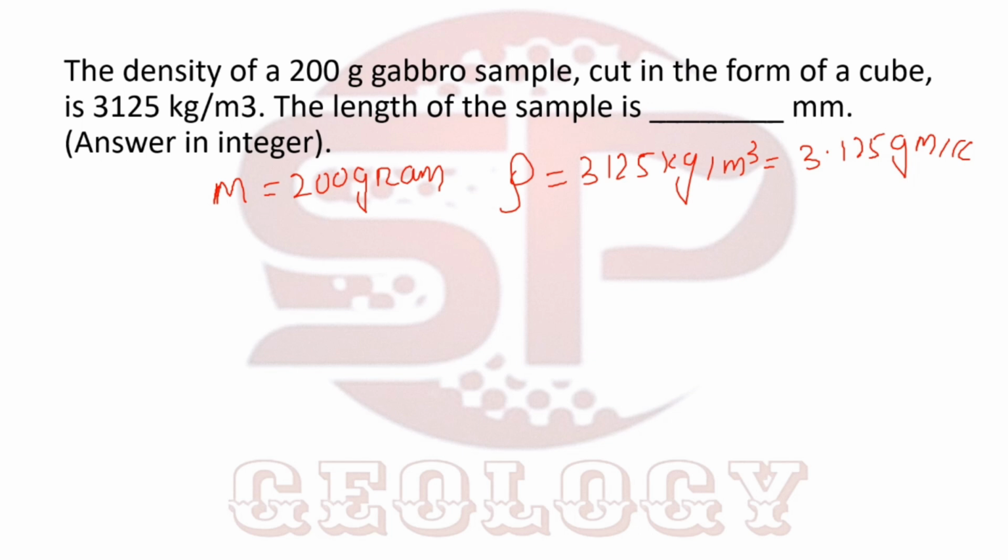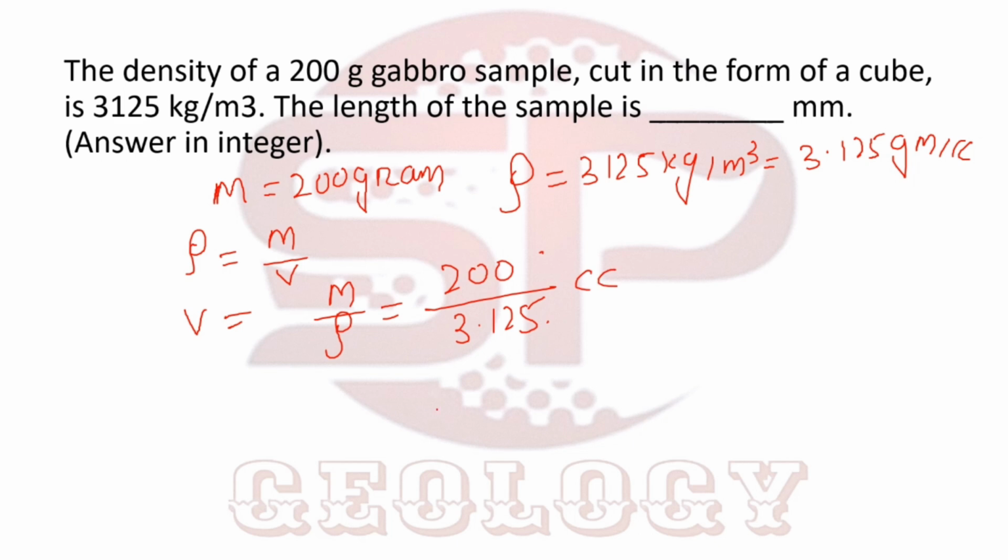So we have to calculate the length of the sample. First we have to calculate the volume, rho equals mass by volume. So volume equals mass by rho, 200 divided by 3.125 gram per cc. The answer will be in cc.